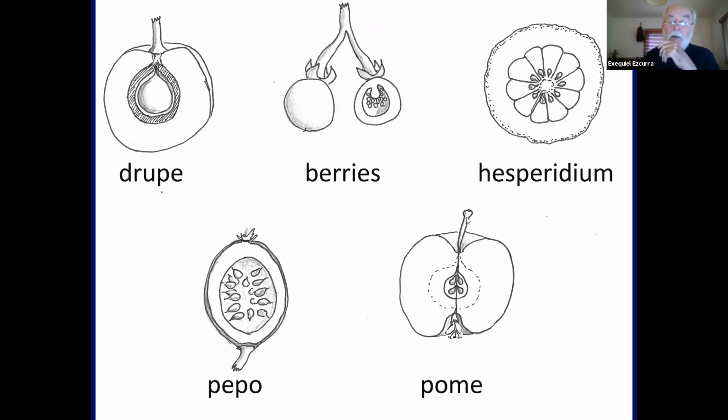Next time you eat an apple or a pear, spend some time looking at it. You will see that it has the pedicel of the fruit attached to one part of the apple. And if you look at the other part of the apple, a sort of navel-like structure, you will see the remaining part of the flower. You will see the sepals, the petals, and very often the remains of the anthers. So this is also an inferior ovary.